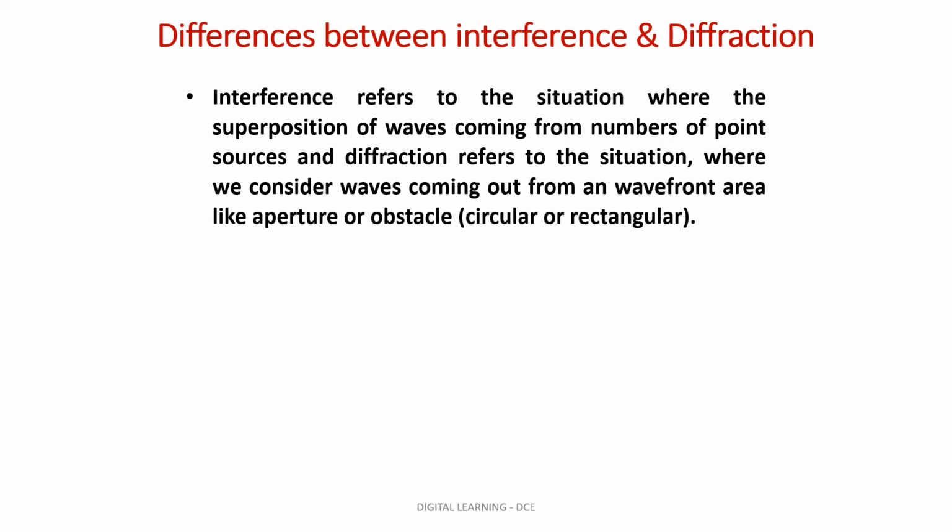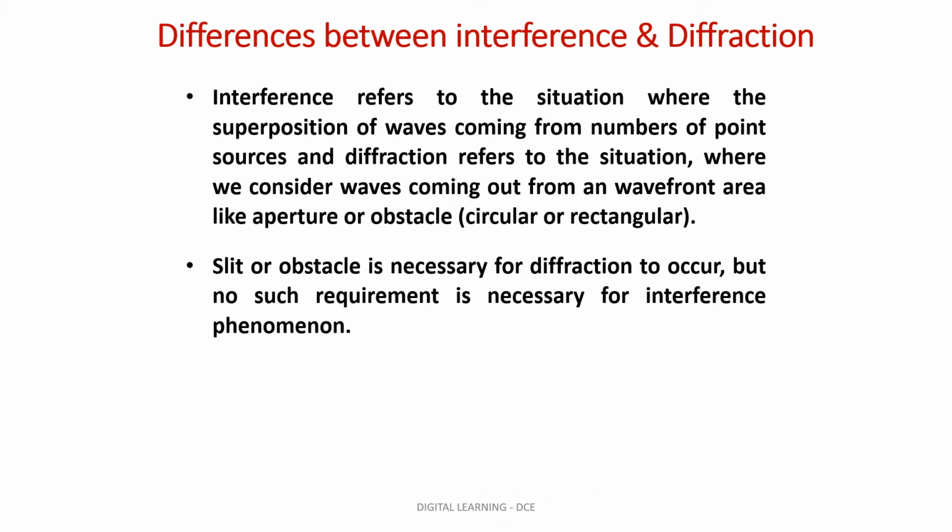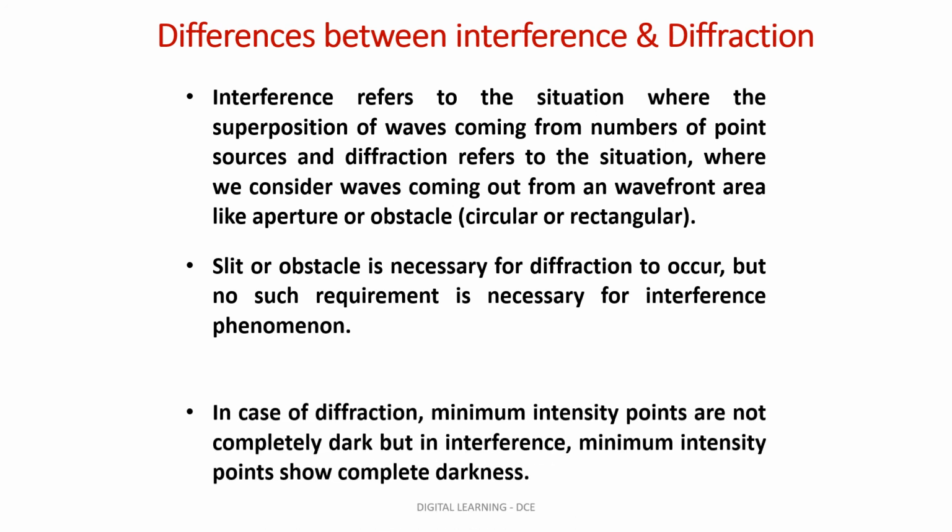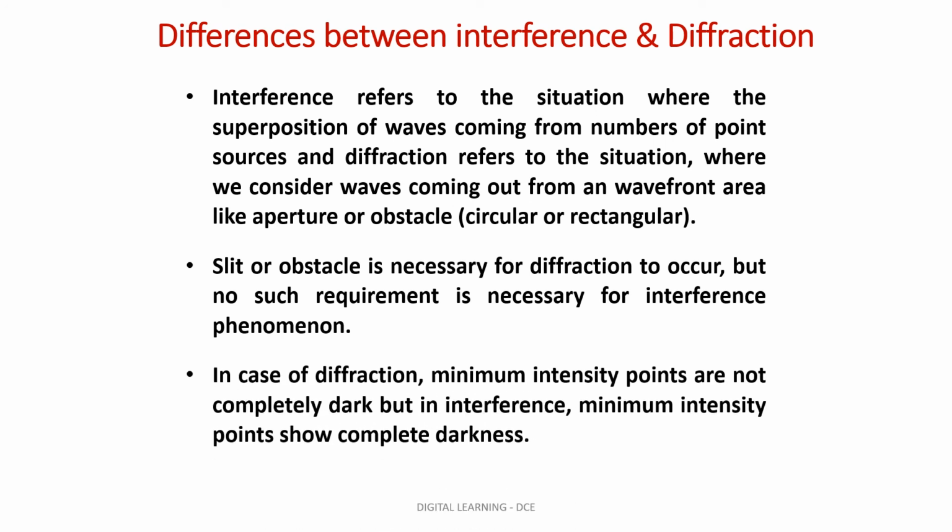Second, for diffraction to take place, a slit or obstacle is necessarily required, but for interference, no such requirement is needed. Third, and the last one, the minimum intensity points in the case of diffraction are not completely dark, but in the case of interference, the points of minimum intensity show complete darkness.